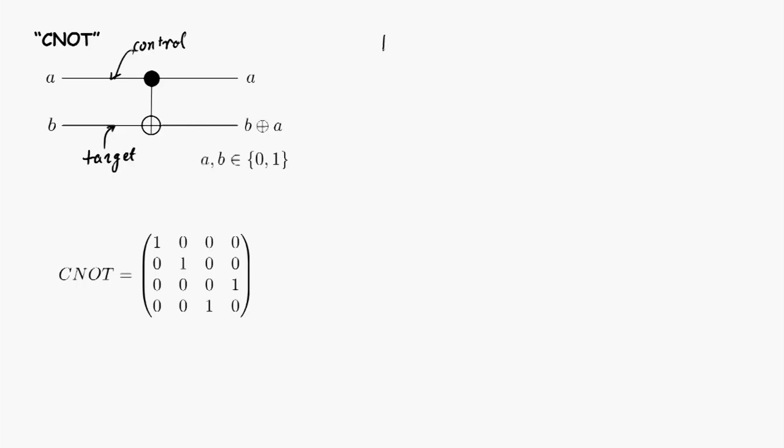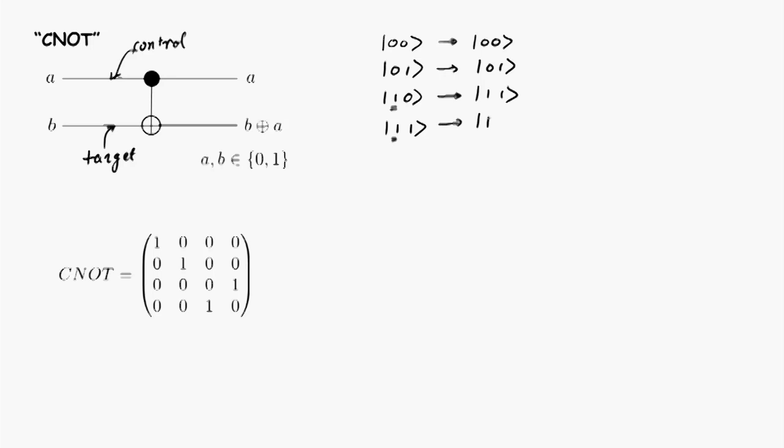So it maps |00> to |00>, |01> to |01>, |10>: now the control bit is 1, so it flips the target bit, to |11>. And |11>, again the control bit is 1, so it flips the target bit.